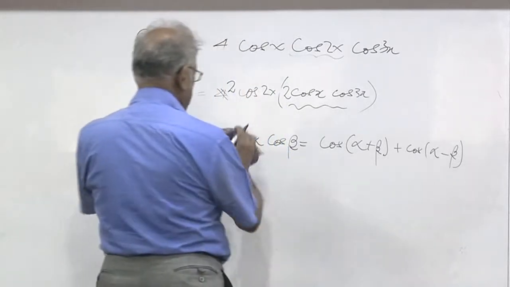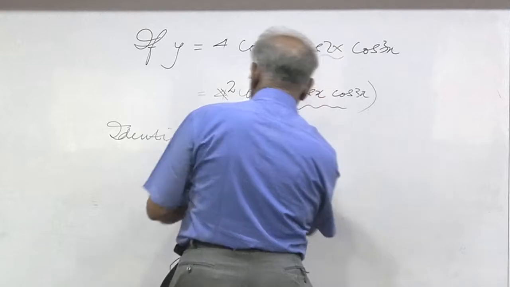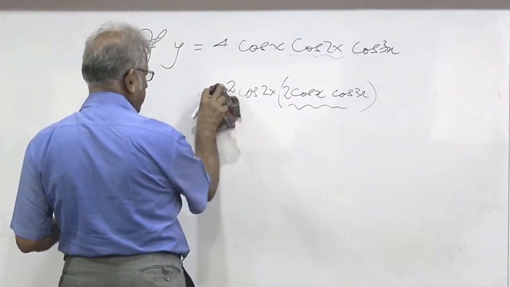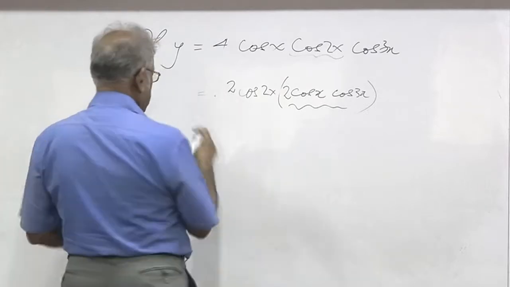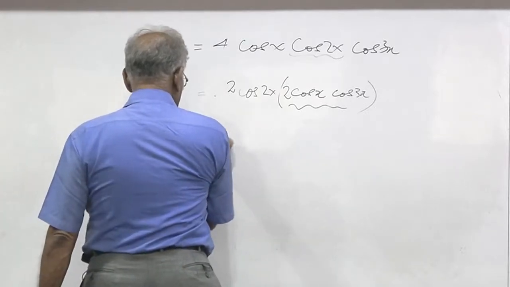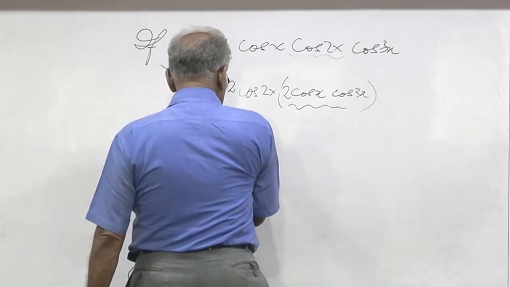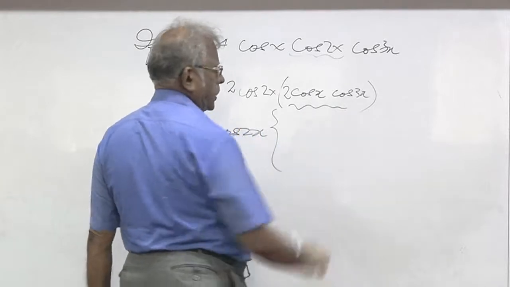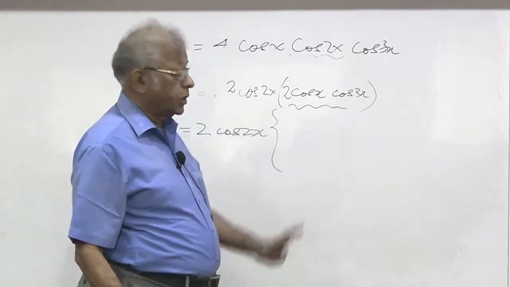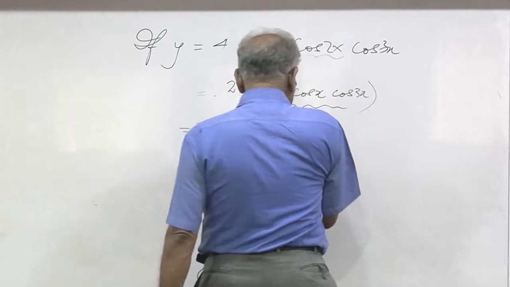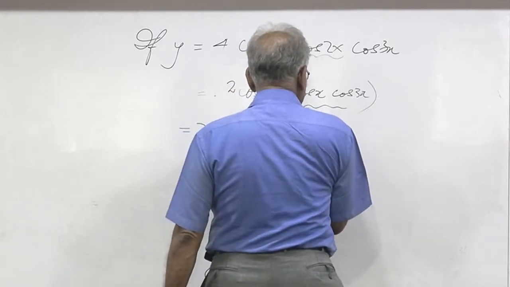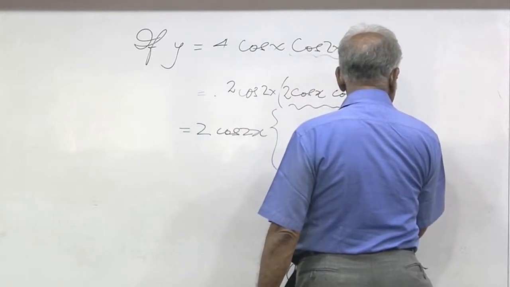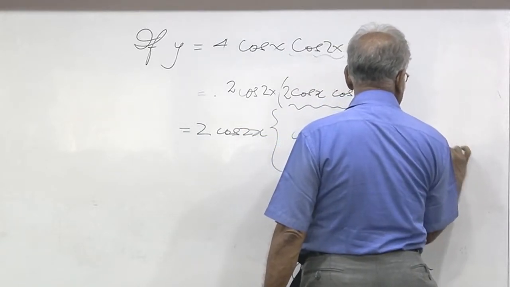So we use that identity here and write that our friend here, we put the 2 inside, rub this 4 out. So this is equal to 2 times cos 2x, which stays outside the bracket, times cos of sum of angles plus cos of difference of angles. Cos of sum of angles is 3x plus x, plus the cosine of difference of angles is 3x minus x.